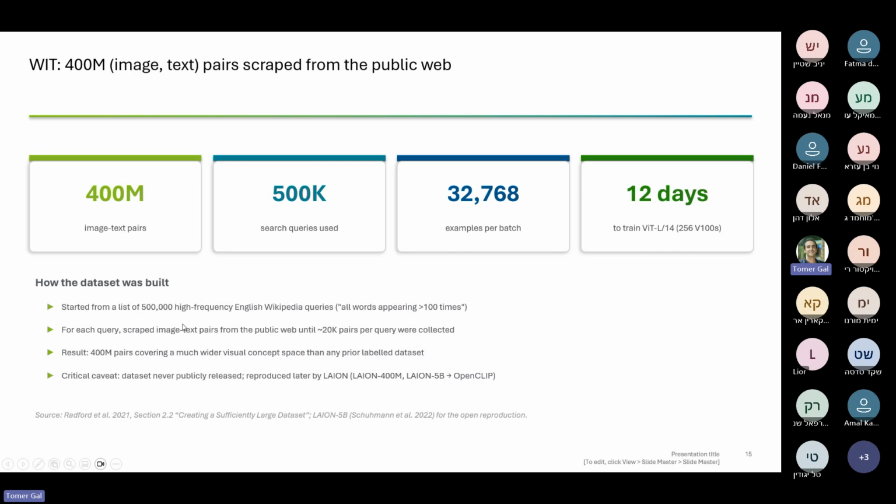So they brought pairs of image and text from the public web until they had 20,000 pairs per query. The result was 400 million pairs covering a much wider visual concept range versus previous labeled datasets. And again, for previous labeled datasets such as ImageNet, etc., people worked very hard to do this labeling.